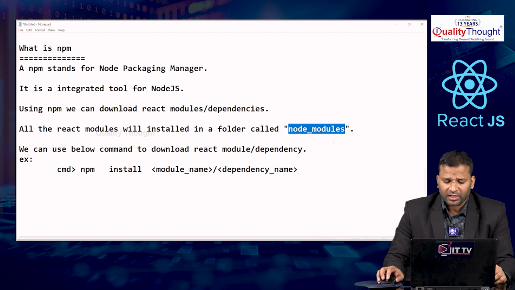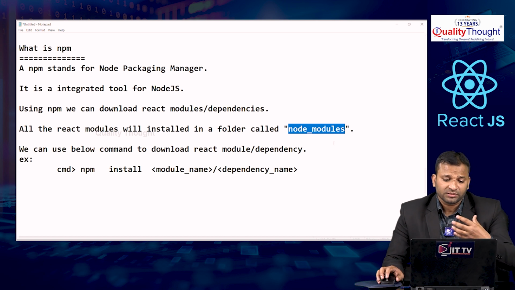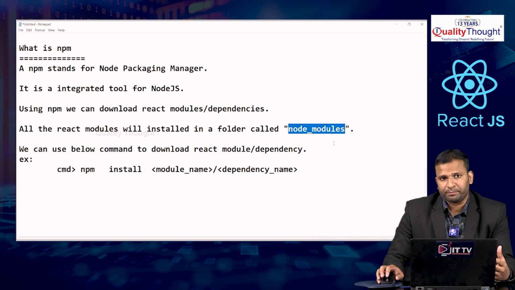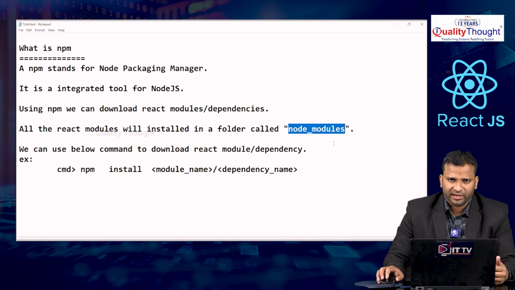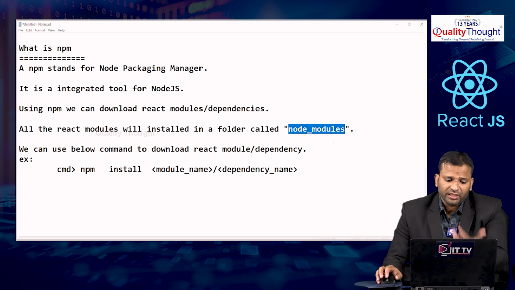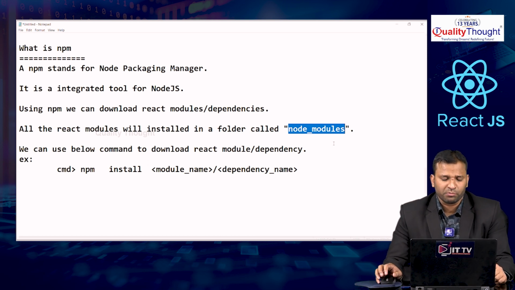Otherwise I will explain it whenever we add some dependencies, for example if I want to use Bootstrap. Bootstrap we cannot use directly in React. Bootstrap is one dependency, so we need to install it in our React application. That time also I will show you how to use node_modules.